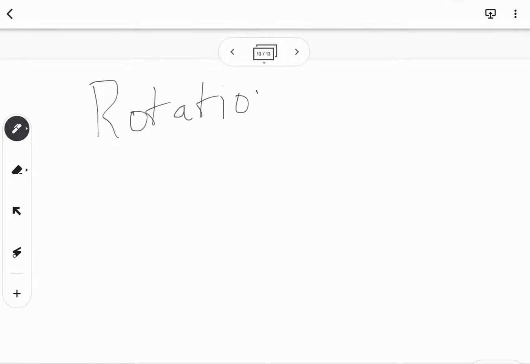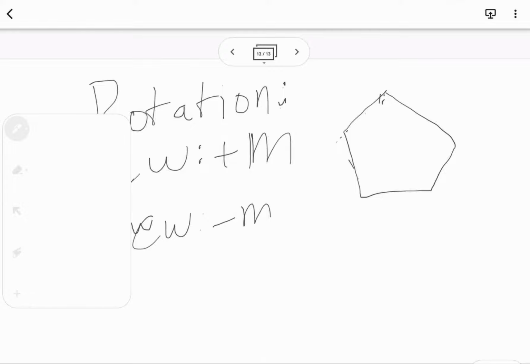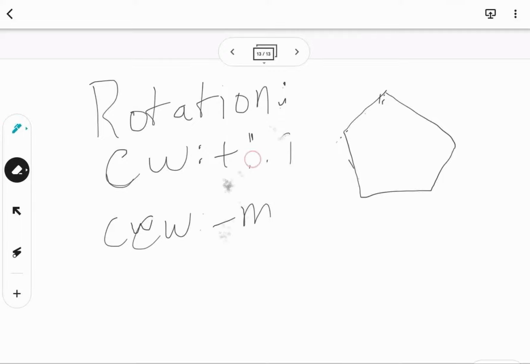But anyways, if you want to capture this rotation idea, why don't we break this down even farther? If we're rotating something clockwise, you're adding 1, and counterclockwise, you're subtracting 1, or I guess m, because you're moving m. Let's draw a pentagon again. Actually, I'm going to erase this because you don't really need the m. Clockwise would be plus and counterclockwise would be minus.